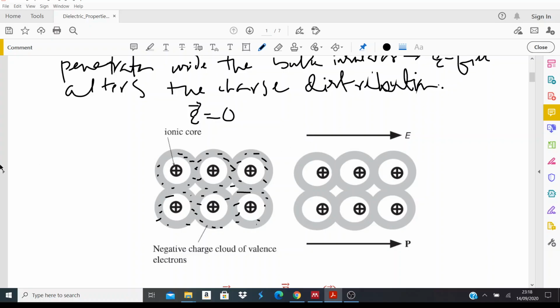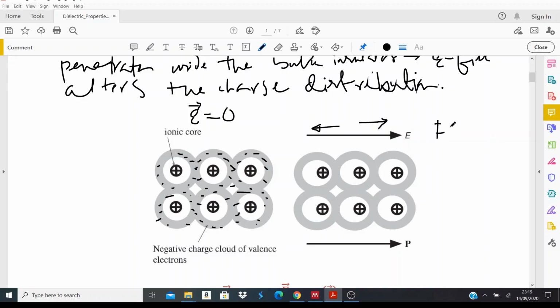But when we apply some electric field, let's say in this direction, you can see the individual atoms are kind of distorted. Right now the positive charges have shifted from the center, right? It was here, but now the center of the positive charge is somewhere here. The electric field will apply a force in this direction for the positive nucleus, and in the opposite direction for the negative electrons, right?